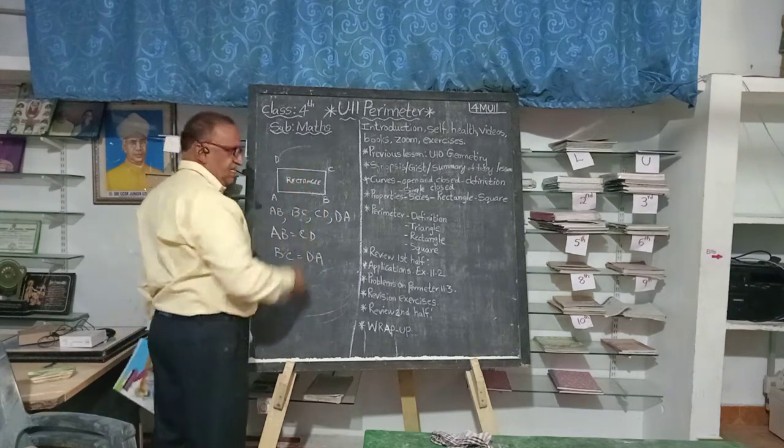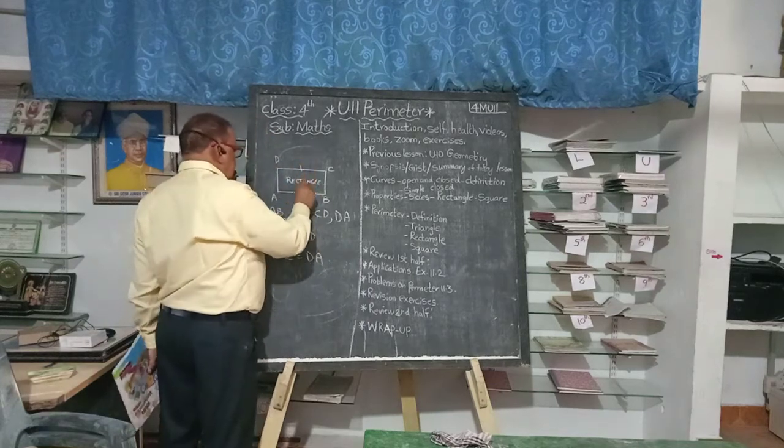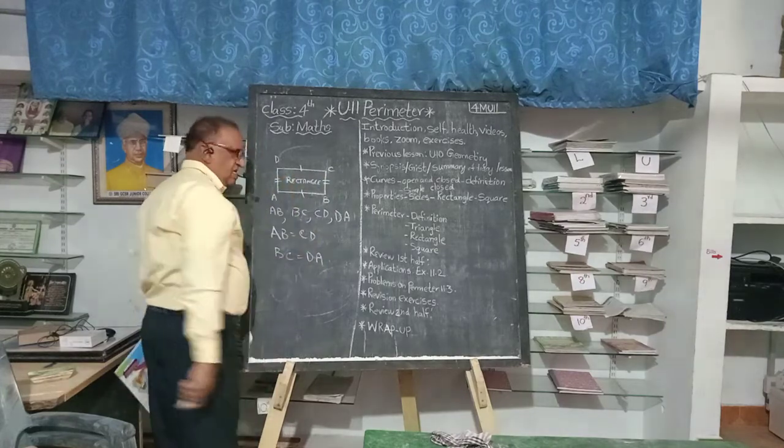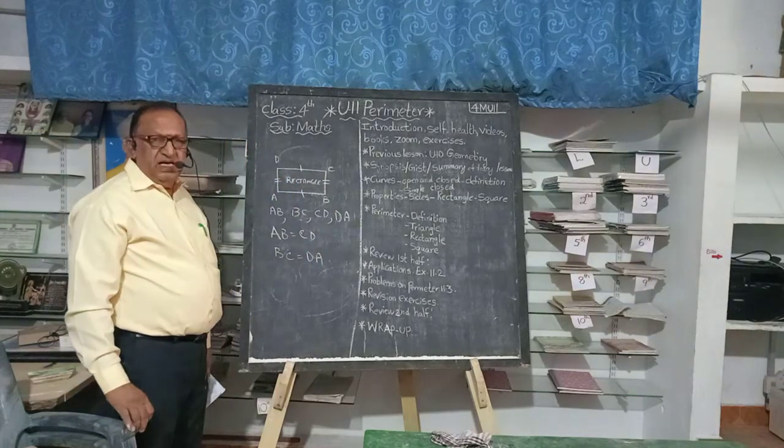So in a rectangle, opposite sides are equal. That is the property of a rectangle.